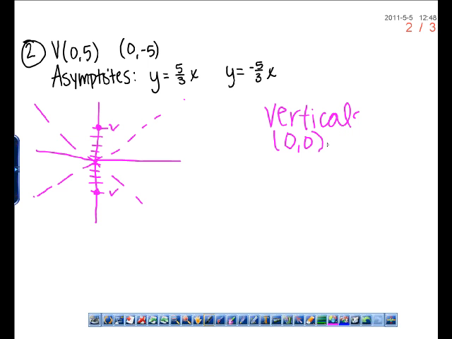How does the slope of 5/3 and negative 5/3 help us, Corey? Good. Because if we go up 5, how many do we have to go over? 3. So 1, 2, 3. Here would be a co-vertex.